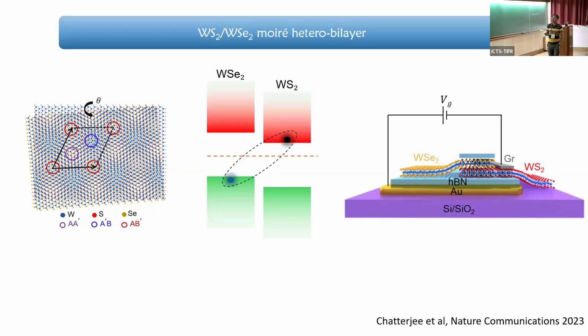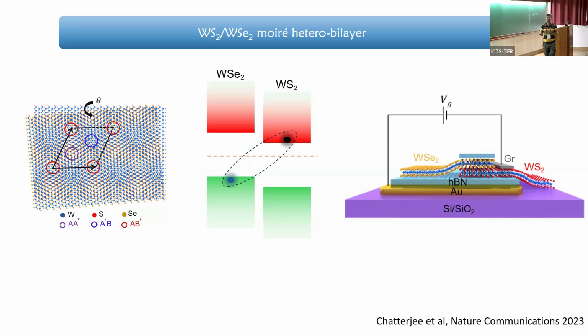Specifically, we are talking about tungsten sulfide and tungsten selenide in this heterojunction. This is a type 2 heterojunction, so the electron stays in tungsten sulfide and the hole stays in tungsten selenide. This is the interlayer exciton.